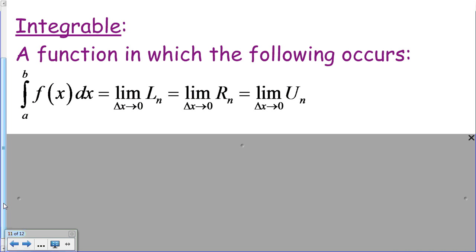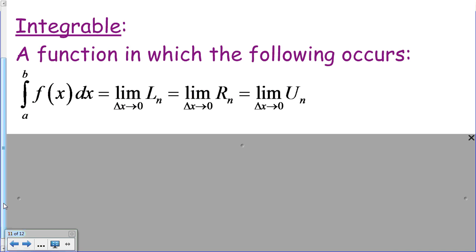If it turns out the limit of the lower Riemann sum is equal to the limit of any Riemann sum, R sub n, which is equal to the limit of the upper Riemann sum, then your function is integrable. All right, and for most functions we're going to study, we're going to have this property.